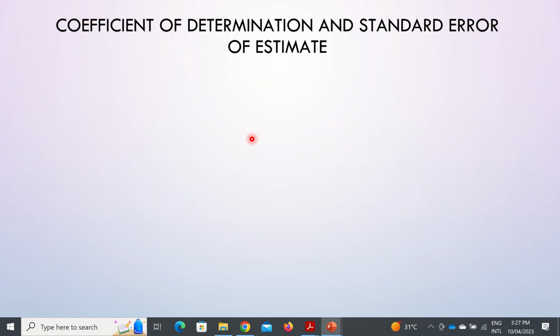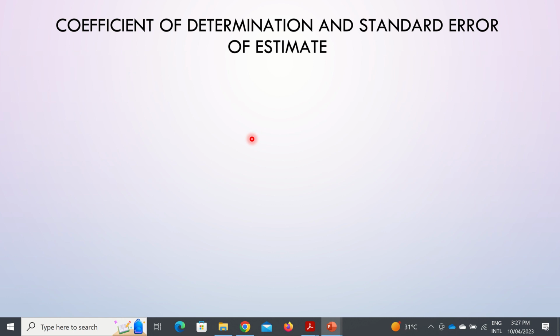Okay. And then next we talk about the coefficient of determination and standard error of estimate. Why do we study a regression line? The regression line is basically properly defining and explaining the data.